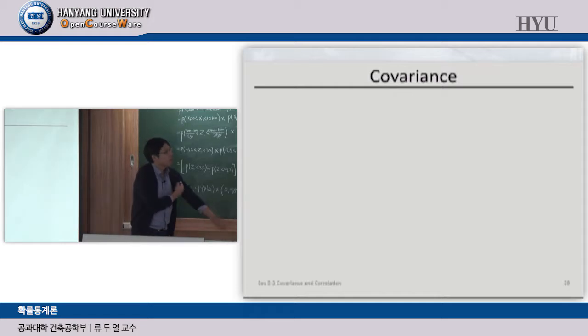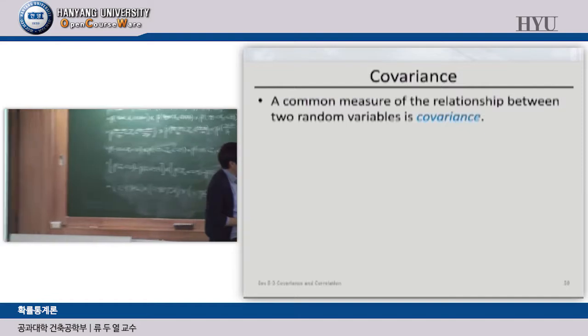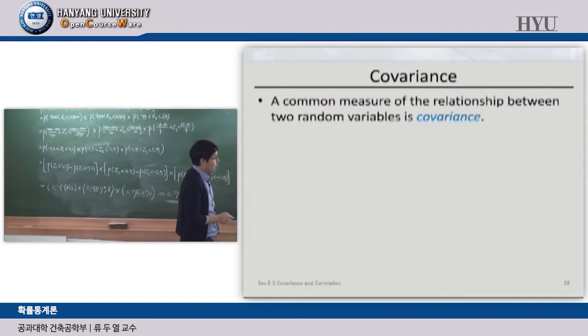And now we are going to discuss the covariance. Okay, covariance is called 공분산 in Korean. And the common measure of the relationship between two random variables, X, Y, is called the covariance. Okay? So the reason why we use the covariance is to determine the relationship between two random variables.